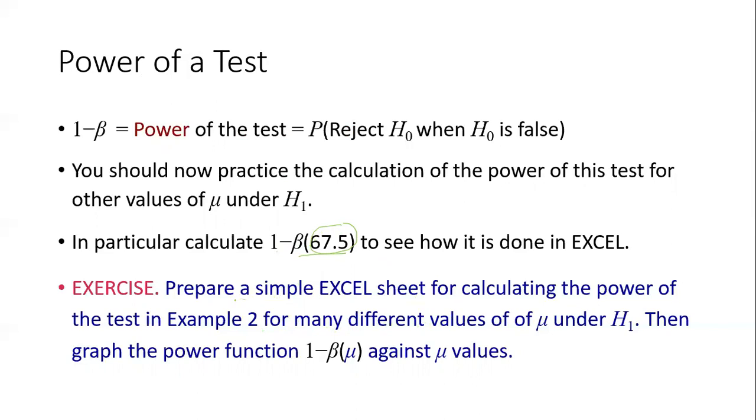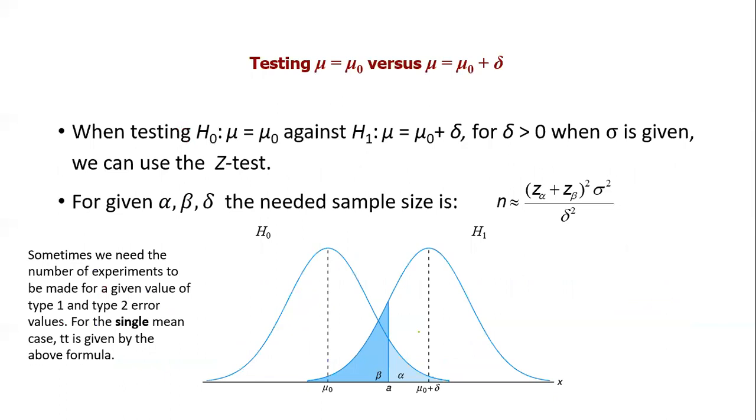So what you can do is you can prepare a simple Excel sheet for calculating the power of the test in the previous example, right, for many different values of mu under H1. Then just graph the power function, just plot it for different mu values.